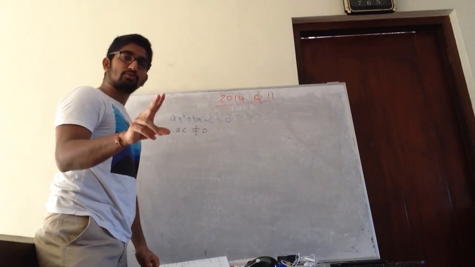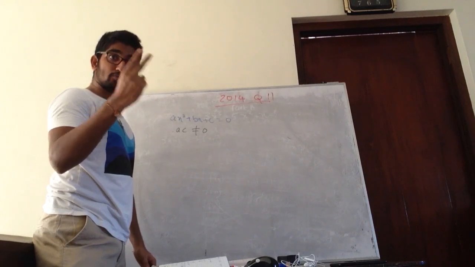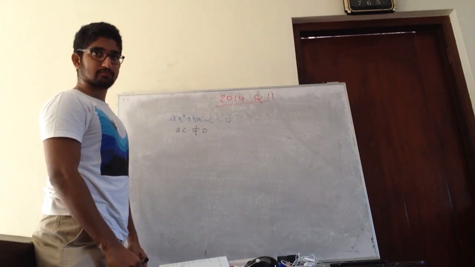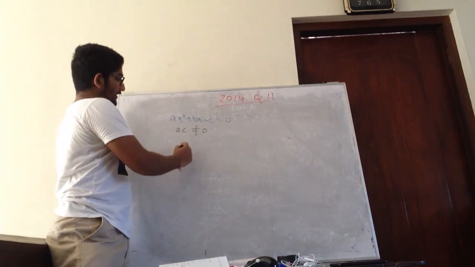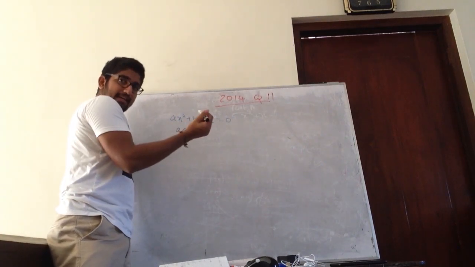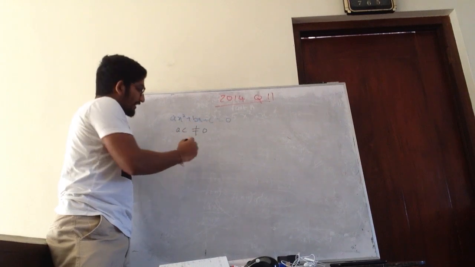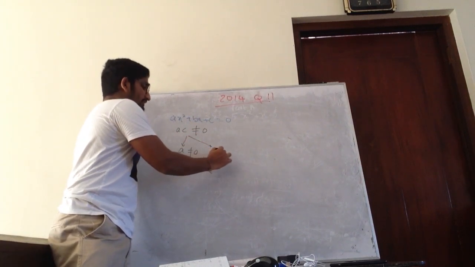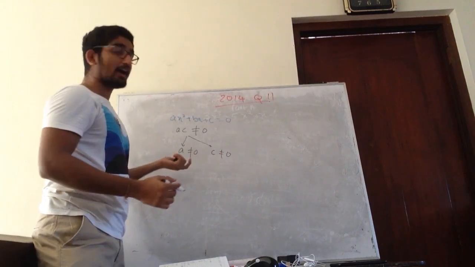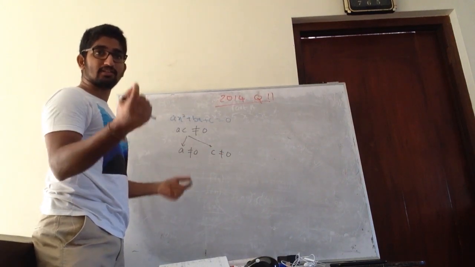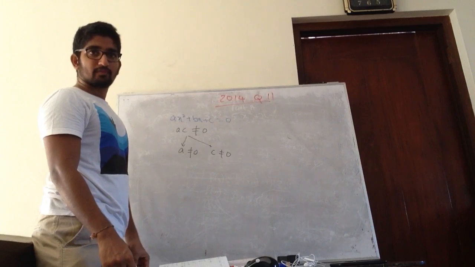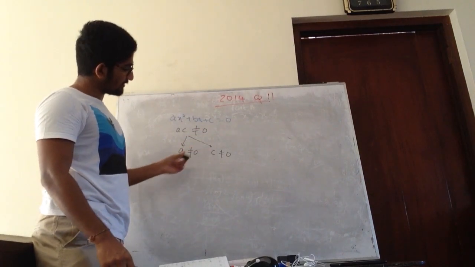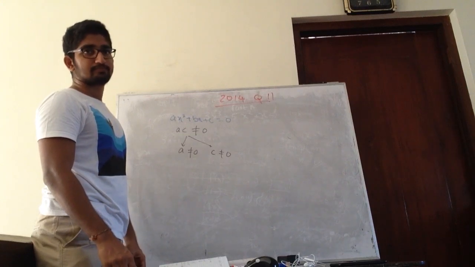Now you can derive two conclusions from this. What are they? If ac is not 0, that means a is not 0 and c is also not 0. If either one of these were 0, ac would be 0. So that means both of these are not 0.